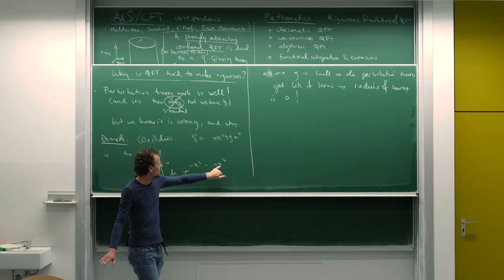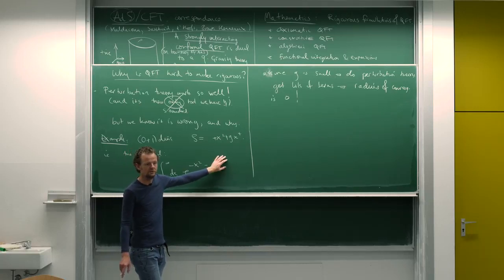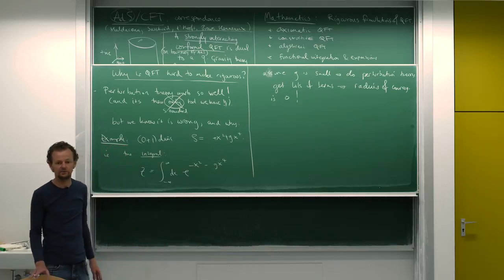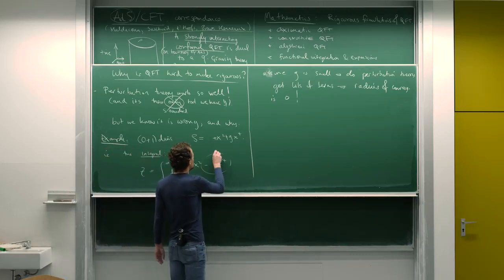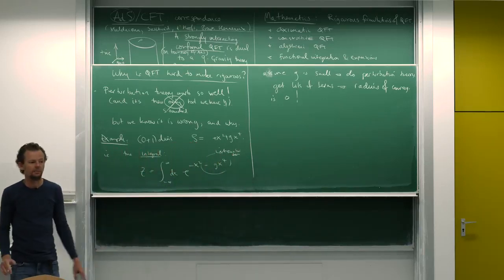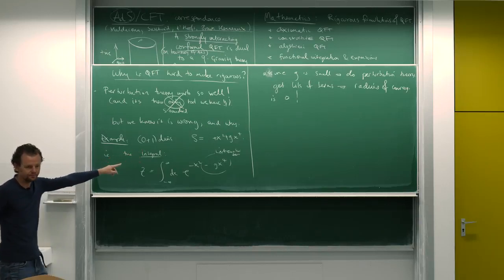But if G is not 0, well, that thing is positive for all x, and there's a minus sign here. So, hello, this should be more convergent when you add G. And that's precisely true. The interaction term here only improves the convergence of this integral, but perturbation theory can't make use of this information.